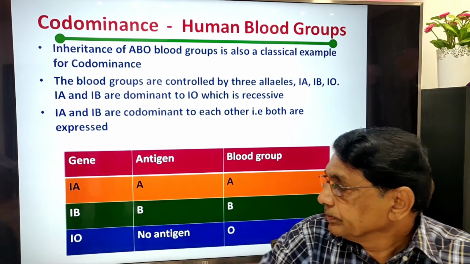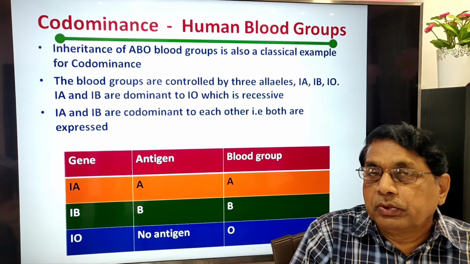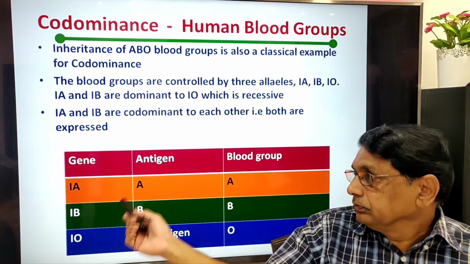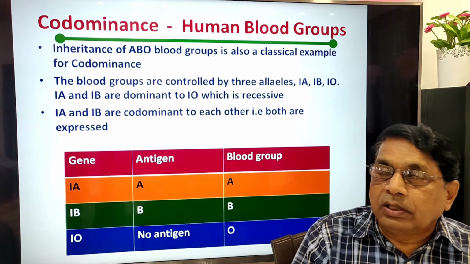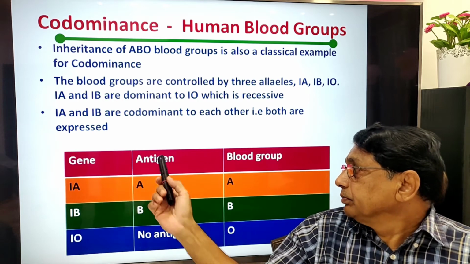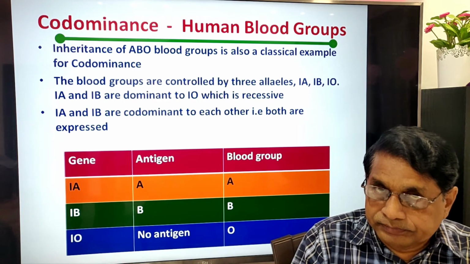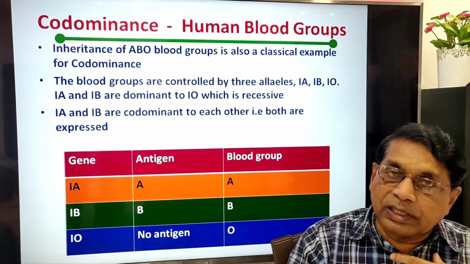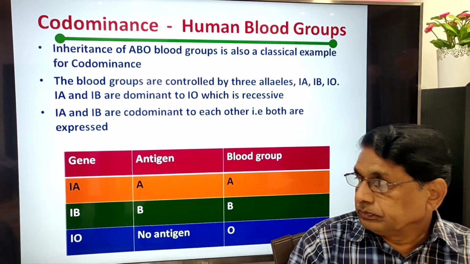Now, for example, let us take gene A. Suppose a person is with the A gene. On the surface of the RBC there will be antigen A. Such people are referred to as A blood group people.